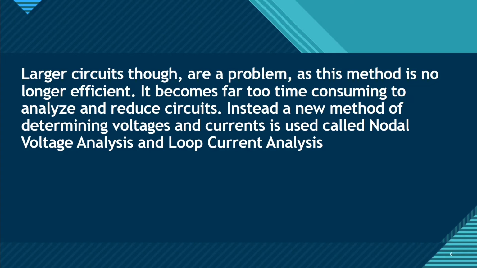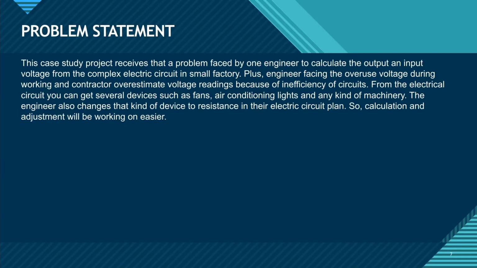We are going through our case study problem statement. This case study project concerns a problem faced by one engineer: to calculate the output and input voltage of a complex electric circuit in a small factory. The engineer is facing overuse of voltage during working, and the contractor overestimates voltage readings because of inefficiency of the circuit.